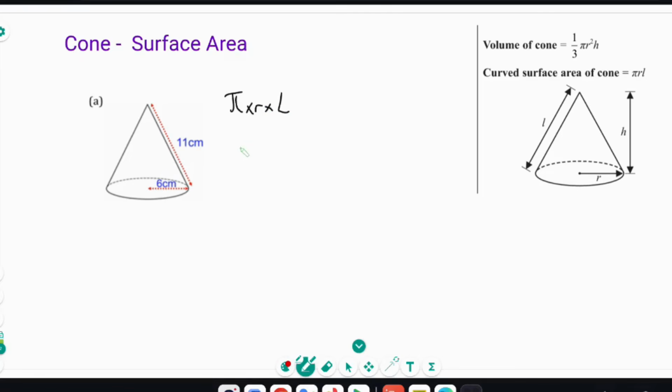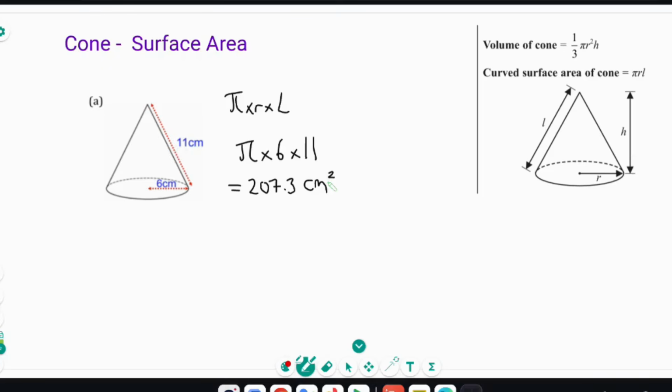So for this one here, sub in the formula, pi times 6 is the radius times L is the slant height, which is 207.3 centimetres squared.